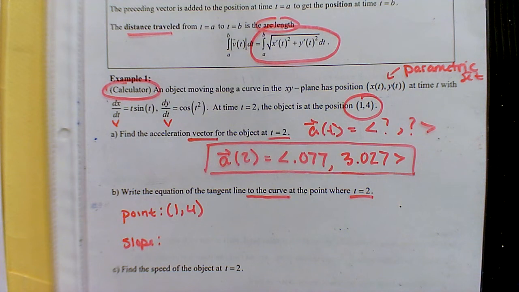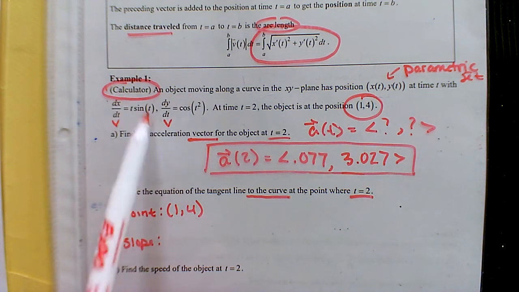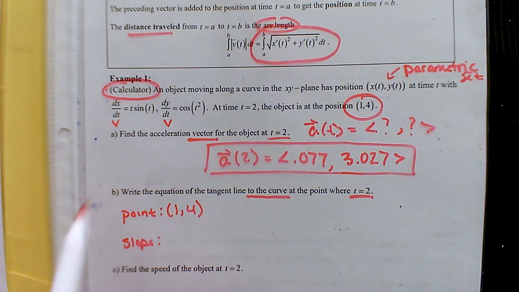And then we need the slope of the curve, that parametric curve at time 2. How do you think we can figure out the slope of the curve? We have the slope of the x coordinate and we have the slope of the y coordinate. How can we combine those together for the slope of the curve?